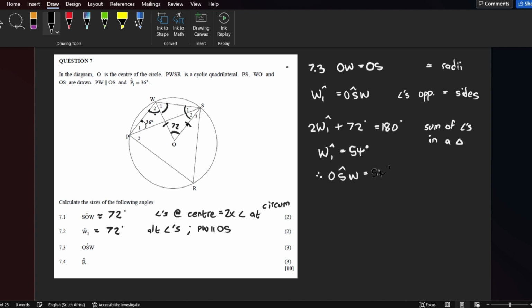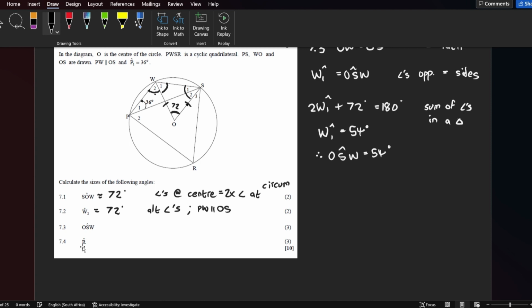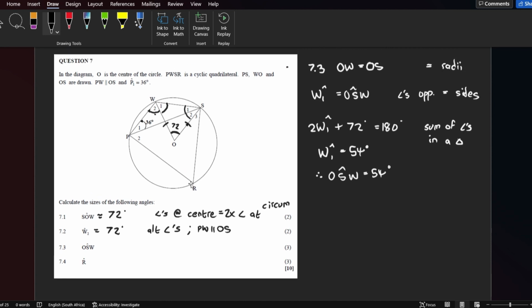Okay, moving on to question 7.4, it asks us to calculate the value of angle R, which is that angle there. And we know that R lies within the cyclic quadrilateral PWSR, and there's two theorems involving cyclic quads that we need to know. Theorem 5, Theorem 6. That is opposite angles of a cyclic quad and the exterior angle. And obviously we know that there is no exterior angle in the cyclic quad.